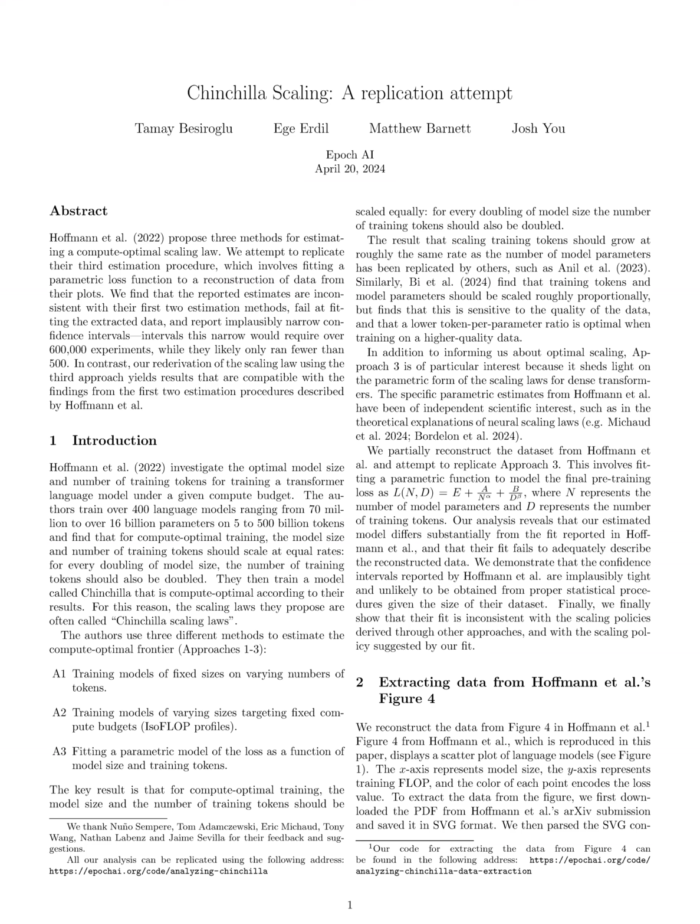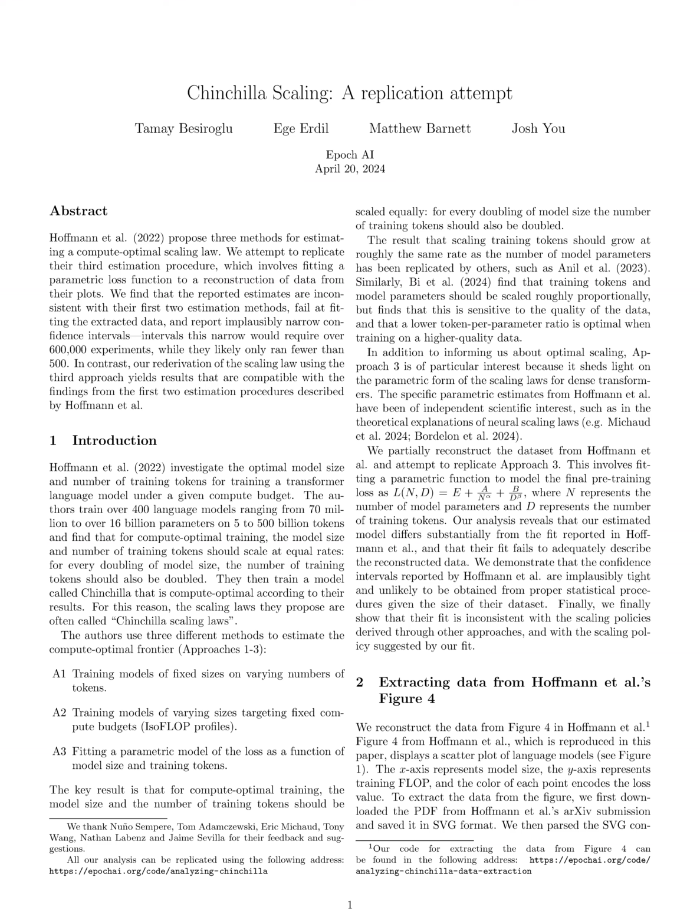They used 3 different methods to estimate the compute optimal frontier: training models of fixed sizes on varying numbers of tokens, training models of varying sizes targeting fixed compute budgets, and fitting a parametric model of the loss as a function of model size and training tokens. The key result was that the model size and the number of training tokens should be scaled equally.